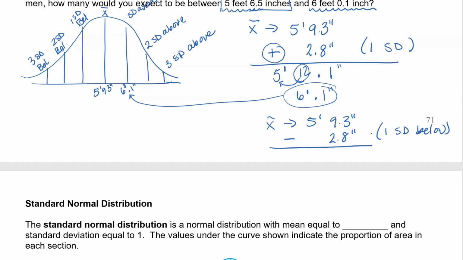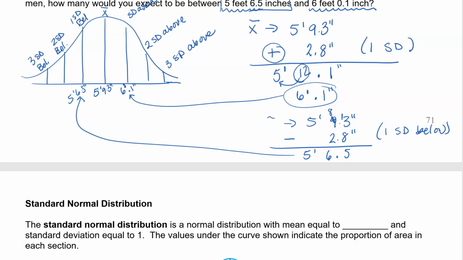Okay, and then when I subtract those, I can't do 3 minus 8, so I'm going to borrow here, and then I get 5 point, and then there's a 6, and then I bring down the 5 feet. So 5 feet, 6.5 inches, and that's 1 standard deviation below. That's going to go right here. So 5 feet, 6.5 inches, okay? And that's what I was being asked about.